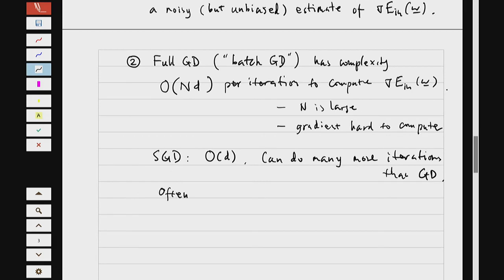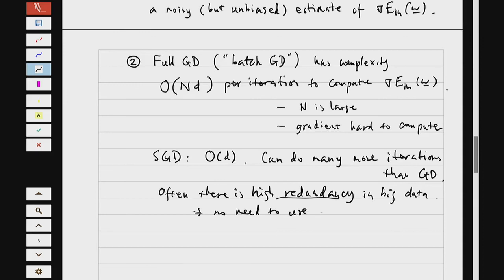The point is that often there is high redundancy in the data anyway, so there is no need to use all data points in each step.